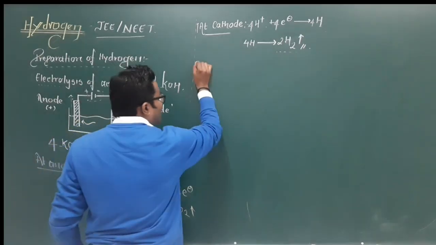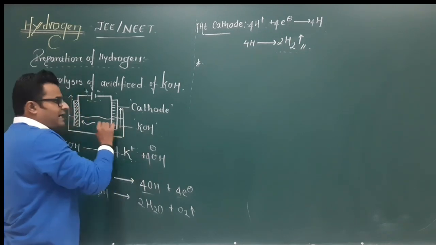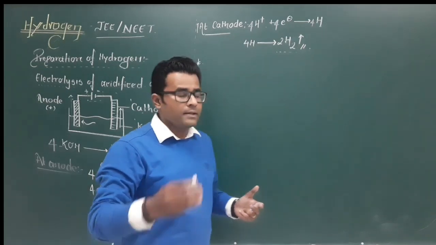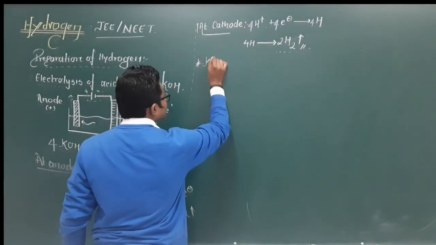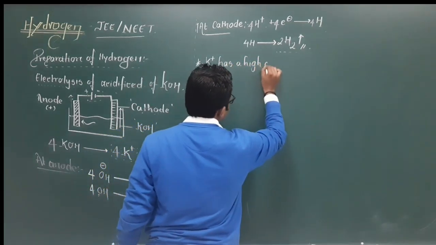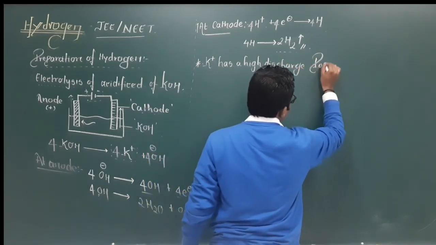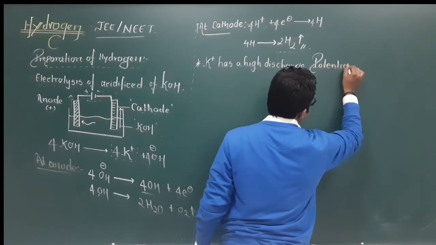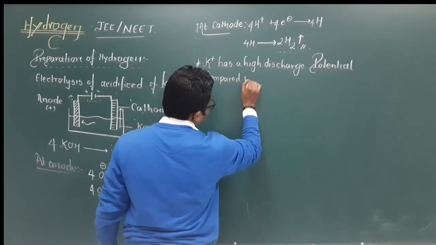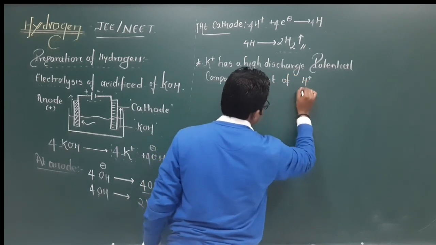Now, the remaining question is why K plus ions are not released at the cathode. It is because of their discharge potential. K plus has a high discharge potential when we compare it to that of H plus.